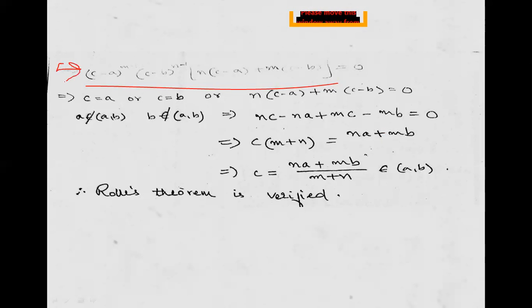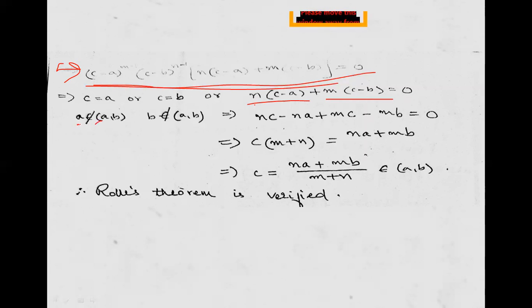If you substitute c in this, we will get the equation as this. Now, c is equal to a or c is equal to b, or n into (c minus a) plus m into (c minus b) is equal to 0.